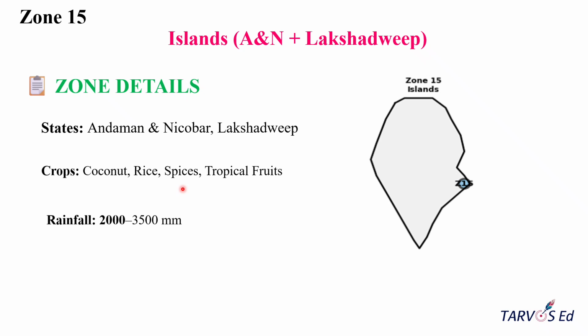The main ones grown in this region are coconut, rice, spices, and tropical fruits like banana and mango. Remember, this zone is unique for its island ecosystem and high valued tropical crops, even though the land area is very small.